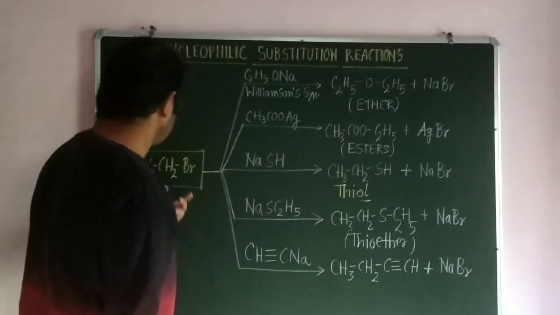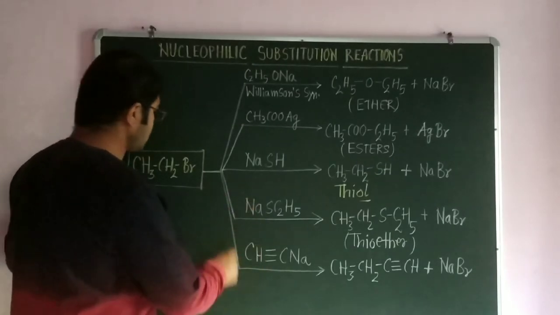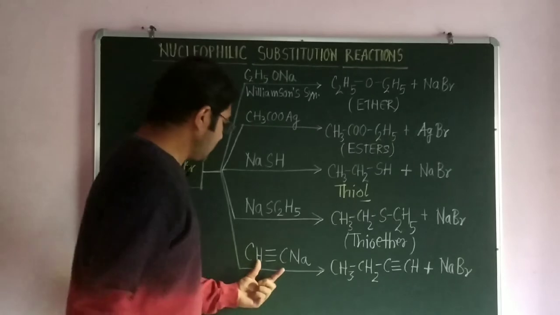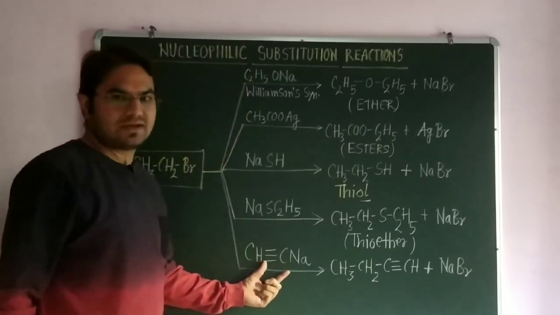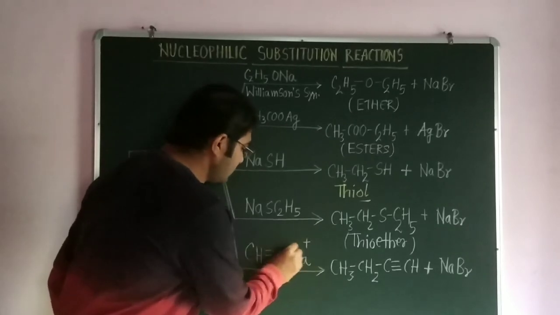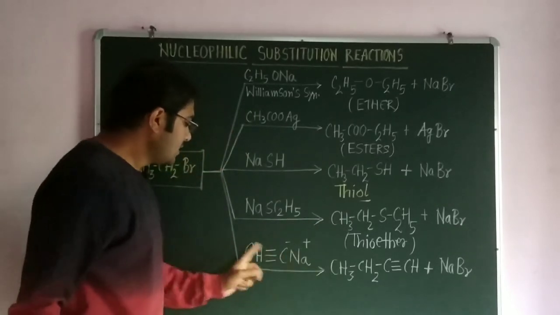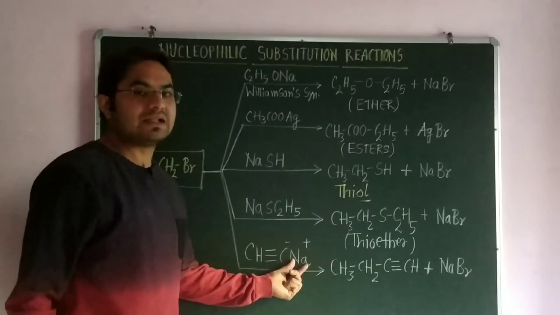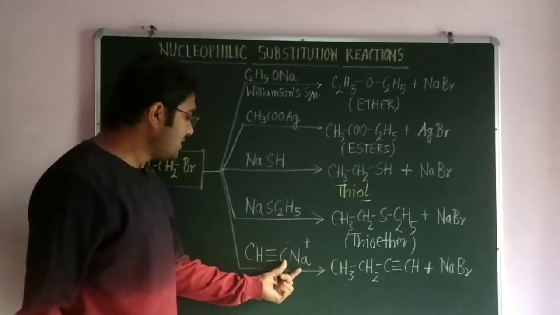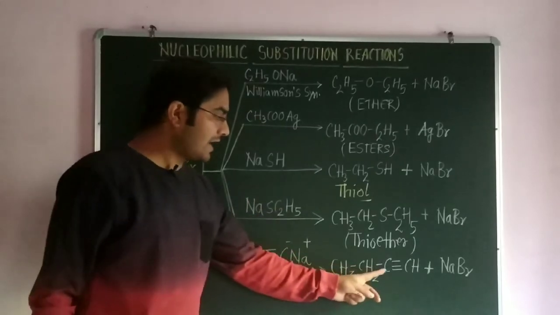And finally, the last reaction of this nucleophilic substitution part is when haloalkane is treated with another reagent, derived from alkynes. This is the sodium salt, because Na is positive here and the whole part is negative. So this is the sodium salt of alkynes. Alkynes are triple bonded. So when haloalkane is treated with this, higher members of alkynes are formed.